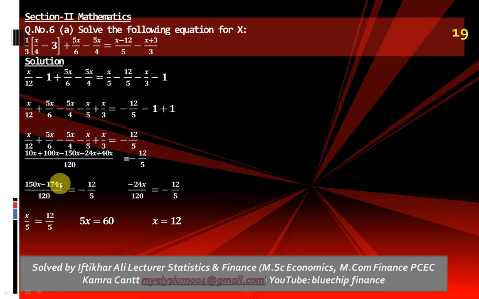After the simplification, it will be 150x minus 174x over 120 equals minus 12 by 5, and further minus 24x by 120 equals minus 12 by 5, and simplifying, x by 5 is equal to 12 by 5, and 5x will be equal to 60, and x will be equal to 60 divided by 5, that will be 12.